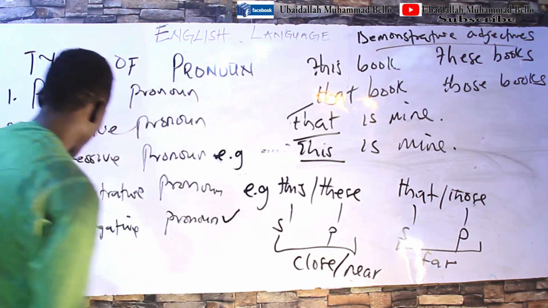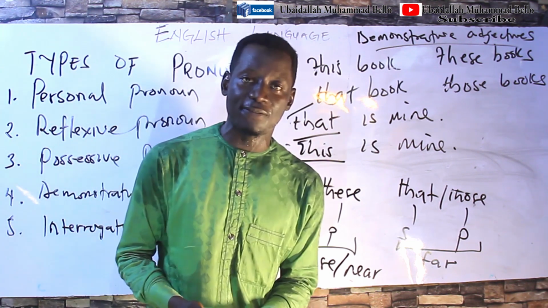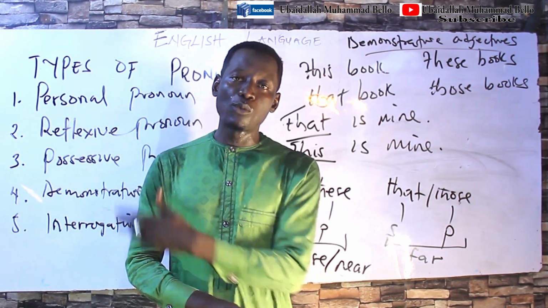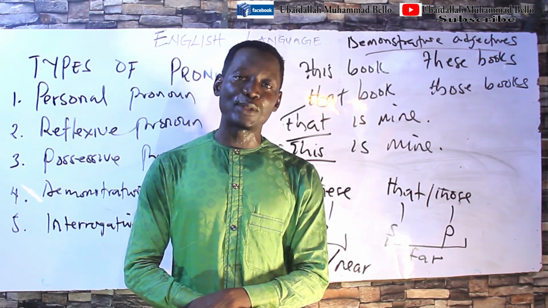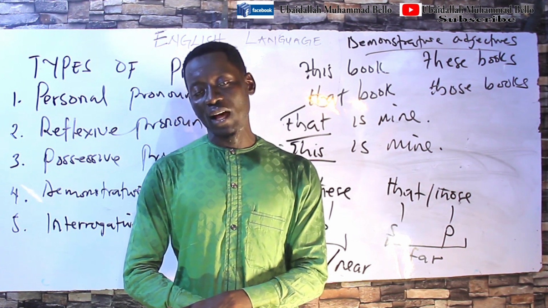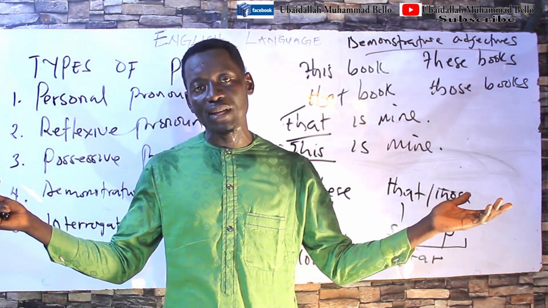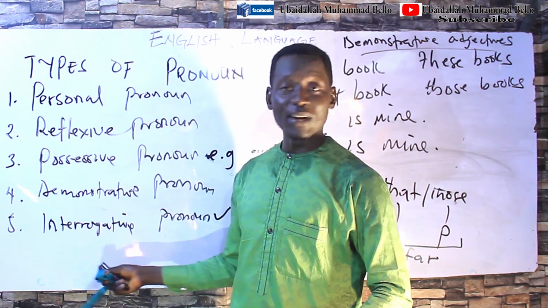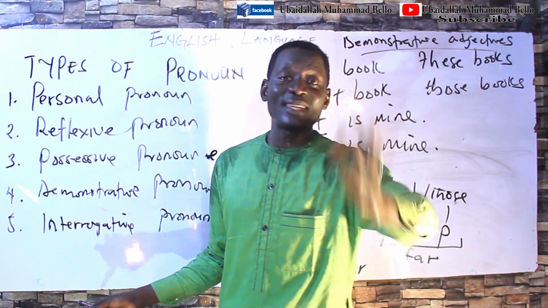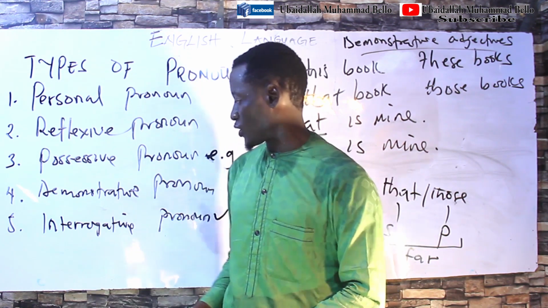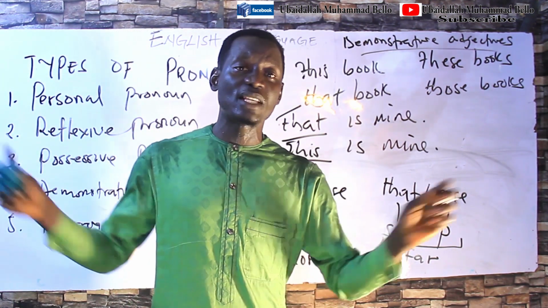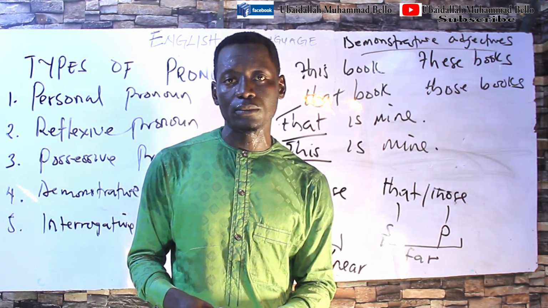Last, but not the least, is interrogative pronoun. From the word interrogative, you'll be able to see that it is something very simple. It has to do with interrogation, and to interrogate is to ask a question. So there are pronouns that have this sense of interrogation.